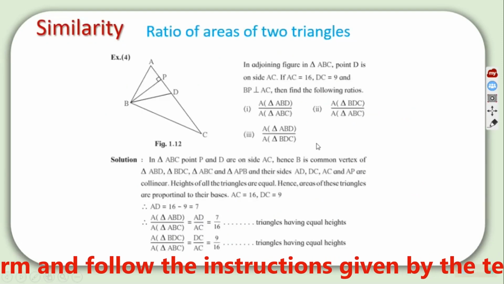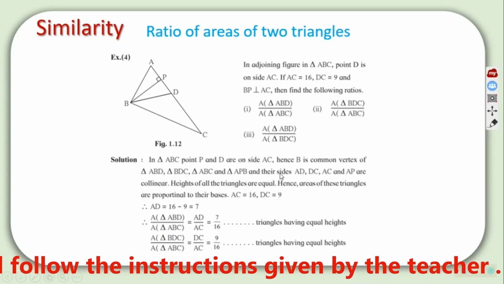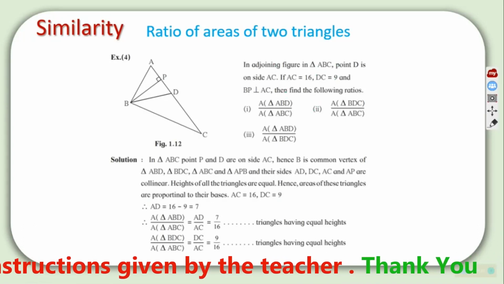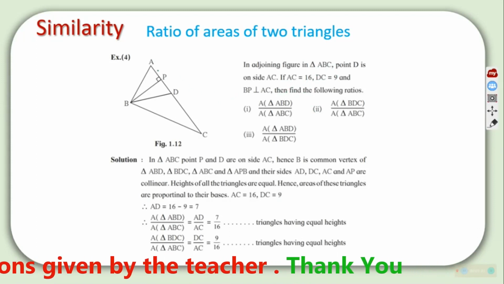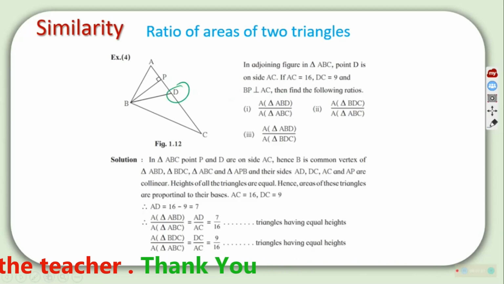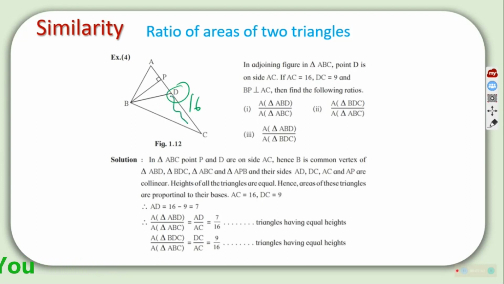Another example is there where you apply another piece of common sense. You are joining here ABC. Point D is on the side AC, and if AC is equal to 16 and DC is equal to 9, and if BP is perpendicular to this, that is the height, then find the following ratios. You are asked to find the ratios of the areas of the triangles.